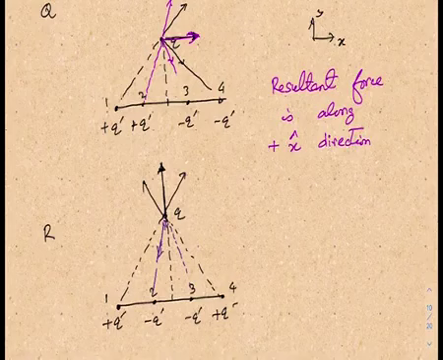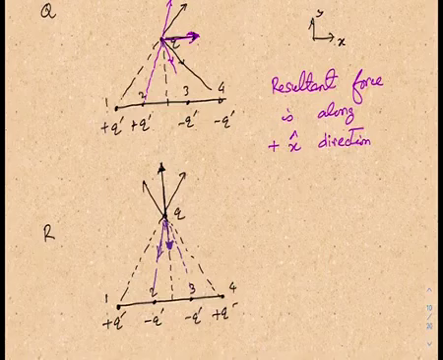So due to 2 and 3, the force would be in the downward direction. But do they cancel out? It's not, because the magnitude of the forces would be different.